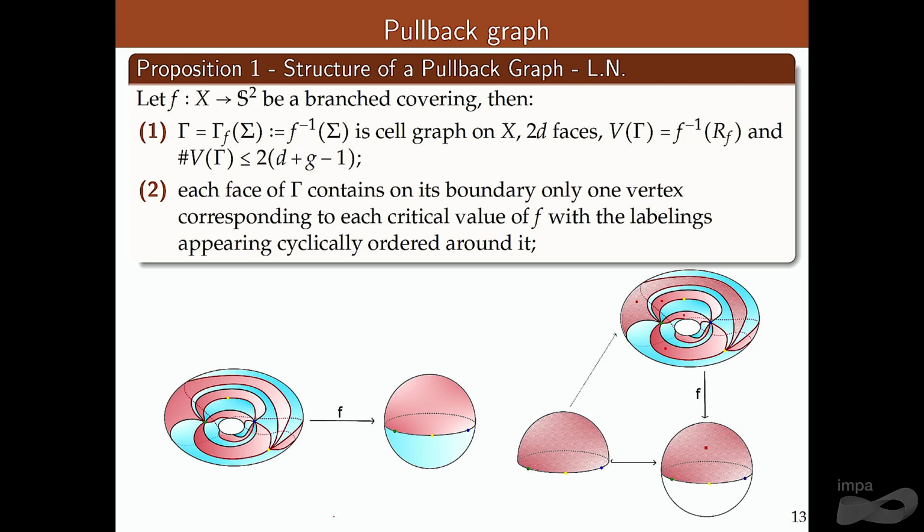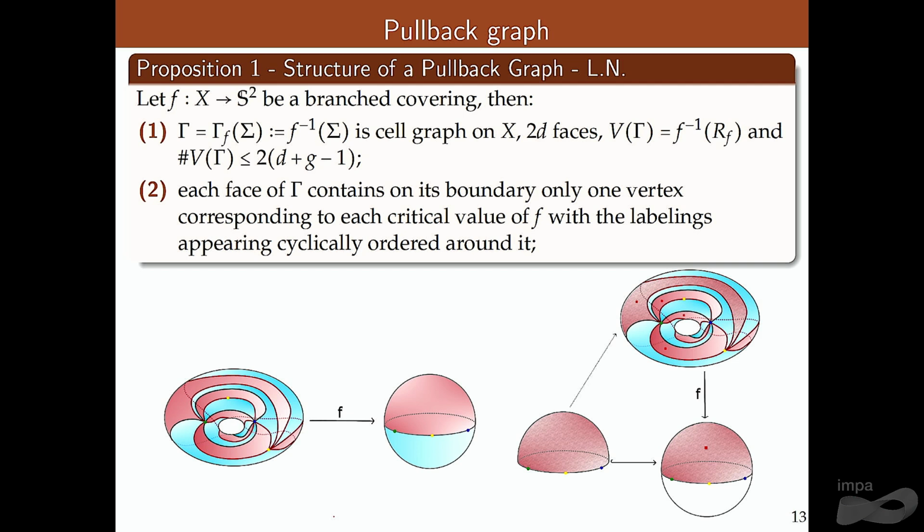Then, what structure can we highlight from a pullback graph? The first one is that the drawing that you obtain on the surface is a cell graph.